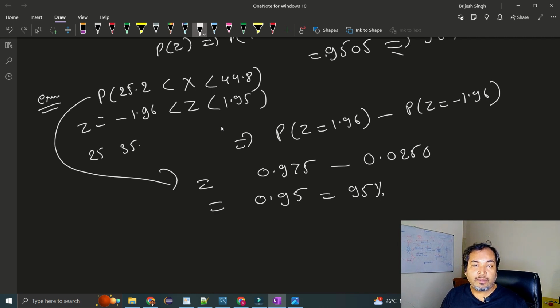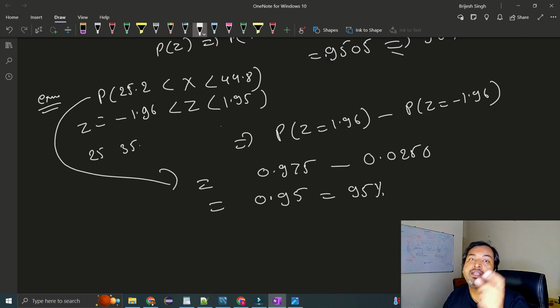In the same way you can refer to this Z table. I will add this Z table in the description box, so you can download it and play around with different combinations. It will give you the right understanding. This is very important, because you cannot calculate everything by hand, so you have to go to the Z table to refer to the actual probability.